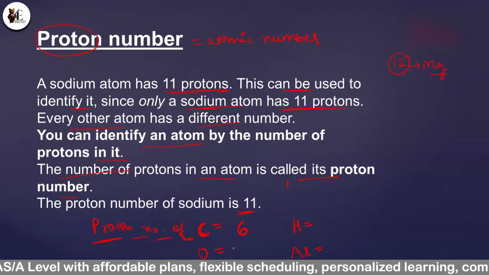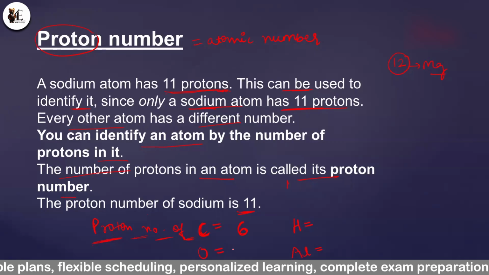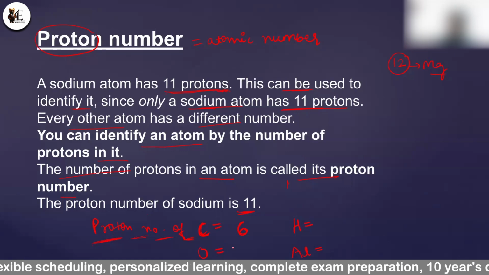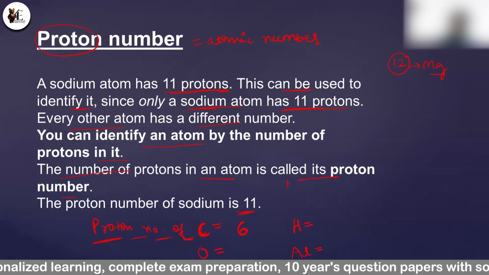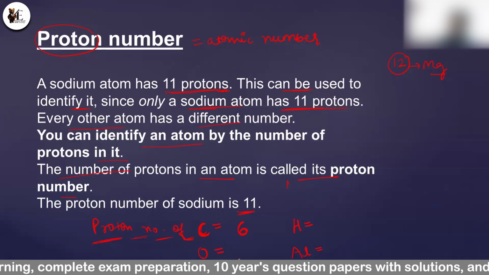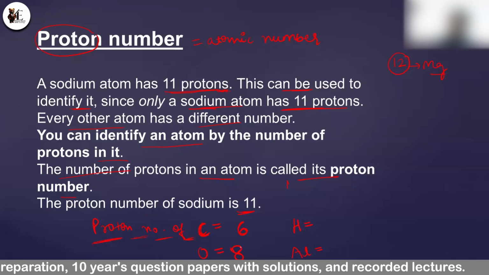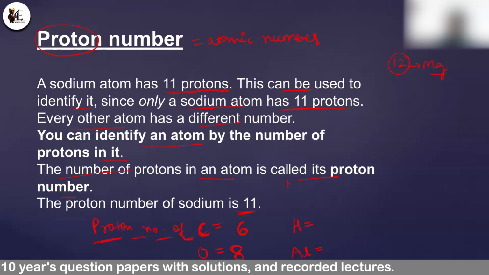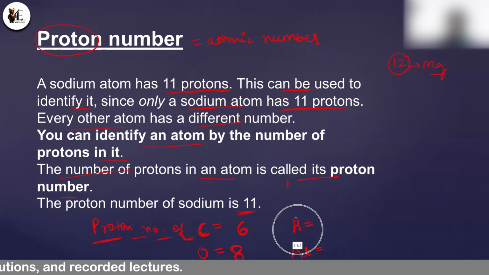I think it's 16, right? No, 16 is not the proton number, 16 is the mass number. We will study what is mass number in the next slide. The proton number of oxygen is 8. That means there are 8 protons in the nucleus of an oxygen atom. Okay? Now tell me the proton number for hydrogen.